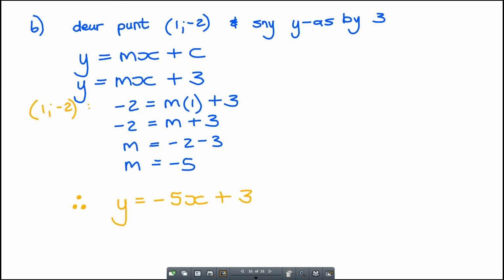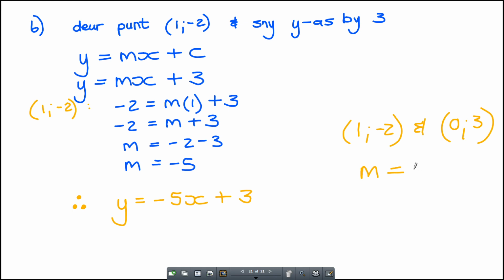Delta Y op delta X, ja, maar wat en toe? Okay, so jy het, kyk gou wat het hy gedoen. Hy het gesê, ons het klaar die punt, hierdie punt het hulle mos my gegee. Toe sê hulle, daar waar die Y afsny, is waar X 0 is en Y is 3. Toe sê hy, okay, nou het hy gaan uitwerk.